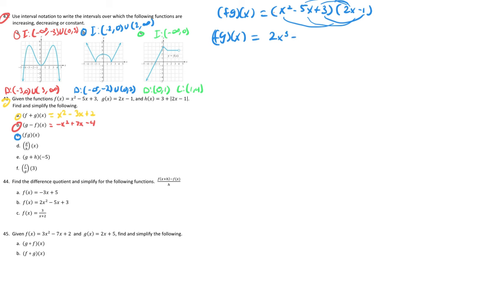So 2x cubed minus 10x squared plus 6x minus x squared plus 5x minus 3. Which then simplifies to 2x cubed minus 11x squared plus 11x minus 3.